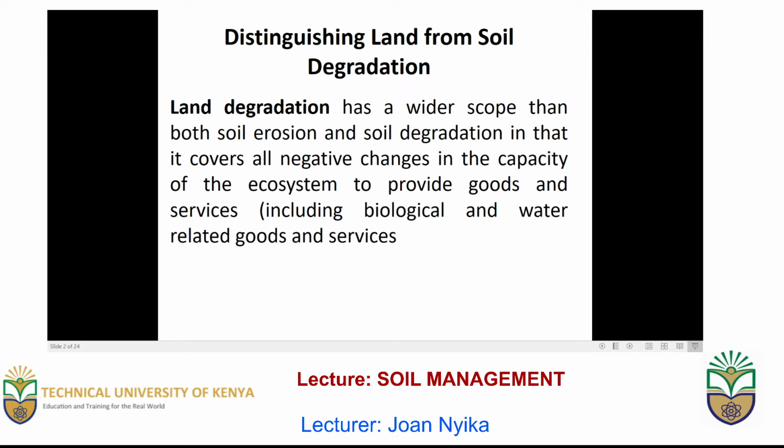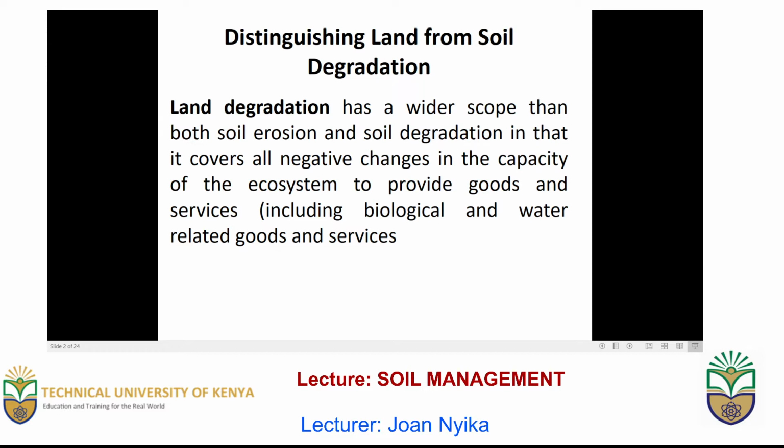Land degradation usually has a wider scope than soil degradation, in that it covers all negative changes in the capacity of the ecosystem to provide goods and services, including biological and water-related goods and services.